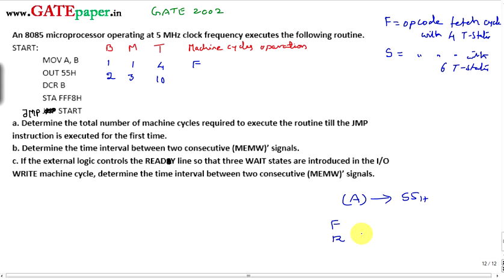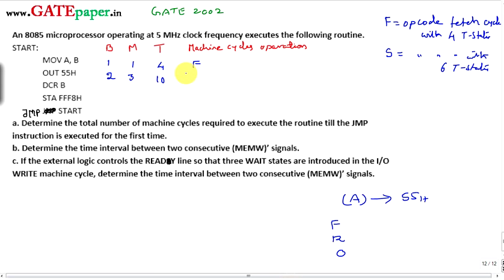That 55H is in memory, and it is read from memory in the second machine cycle. After knowing the port number, during the third machine cycle it copies the contents of the accumulator into output port 55H. That means it is going to write information on the output port, so it consists of an IO write operation.